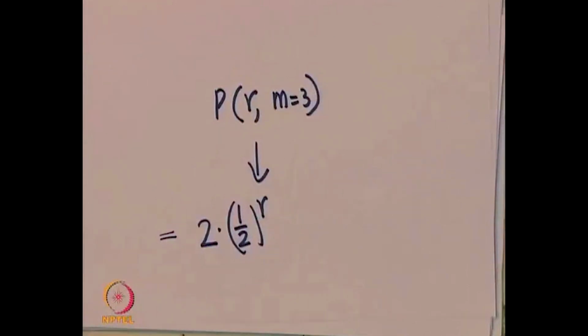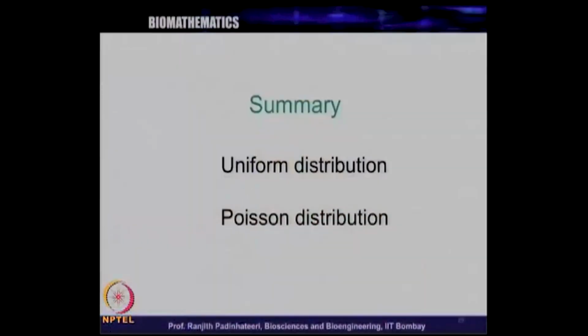Okay. So, to summarize, we discussed uniform distribution and Poisson distribution, and we found some examples of them.